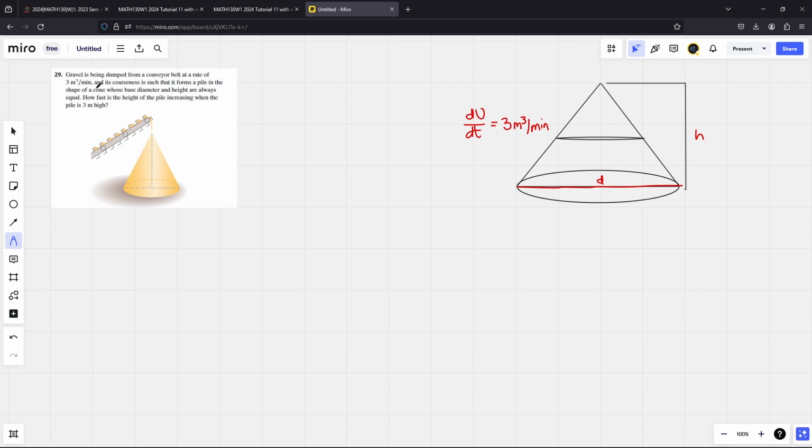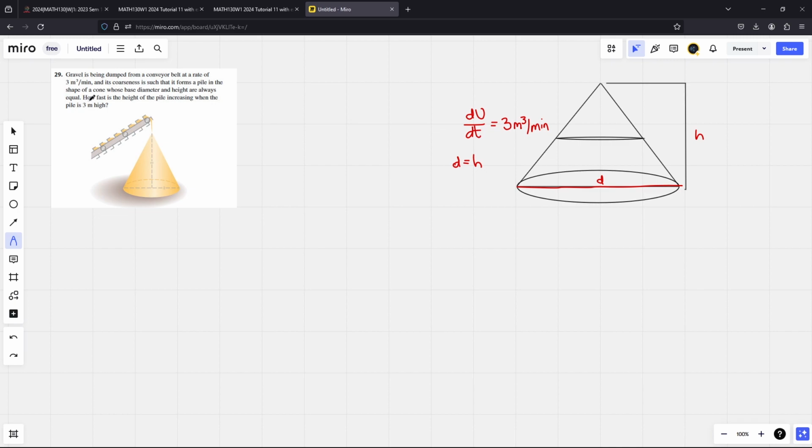Okay, and they say its coarseness is such that it forms a pile in the shape of a cone, whose base diameter and height are always equal. That sounds important. So the diameter, which I have here, is equal to the height, which I have here, that's h.